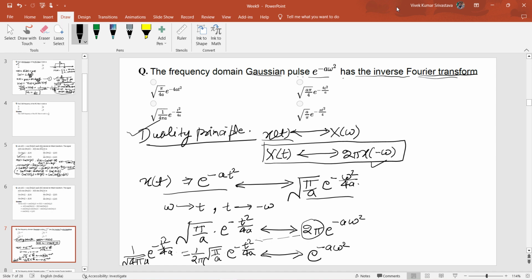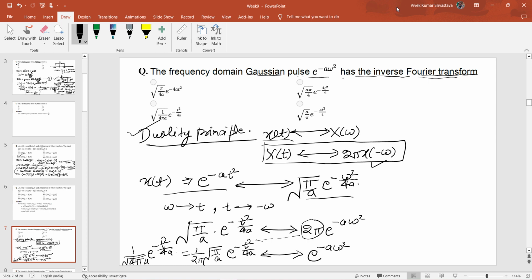Sir, one question. Using duality, when we substitute omega by t and t by minus omega, minus minus becomes plus, no? Here, in the equation you can see I am taking t square, not t.